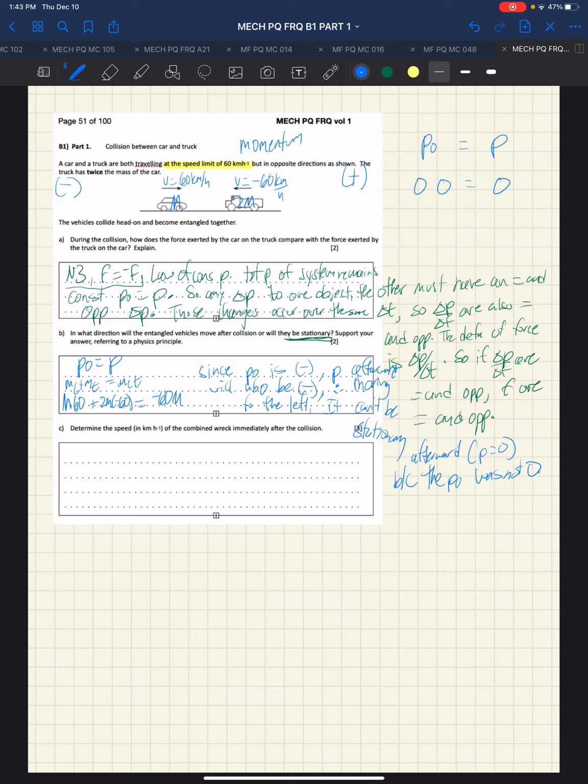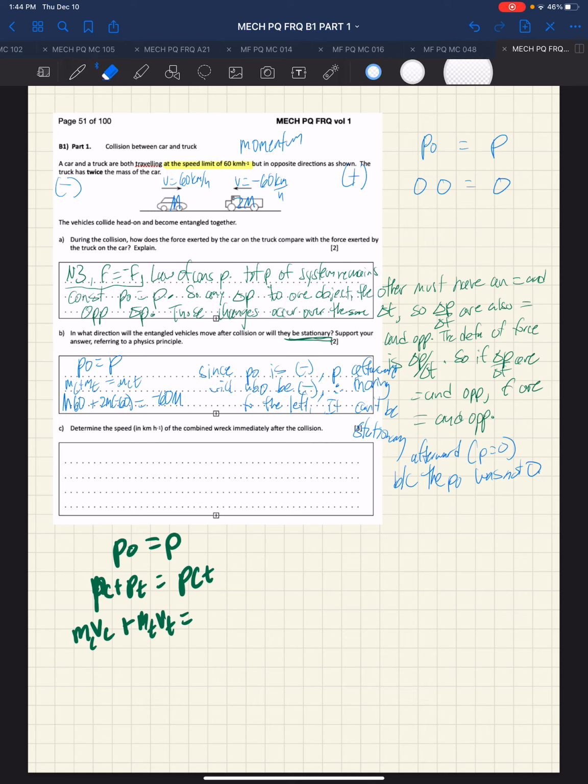Next, we want to determine the speed in kilometers per hour of the combined wreck immediately after the collision. So we'll pull this out down below. And so we already did a little bit of this. P0 equals P. The momentum of the car plus the momentum of the truck is going to be equal to the momentum of the car-truck. And so this is mc vc plus mt vt is going to equal the mass, which is going to be 3m, times v.